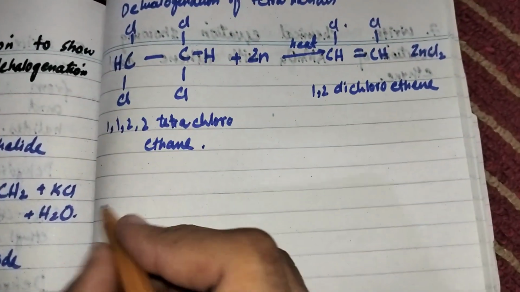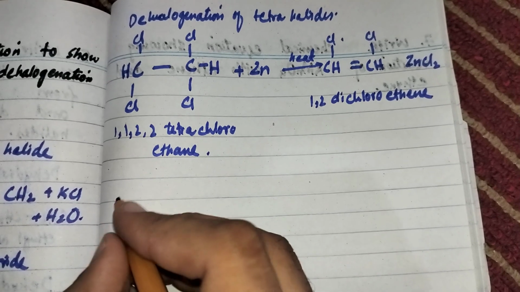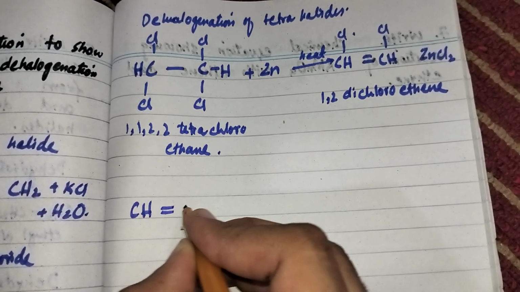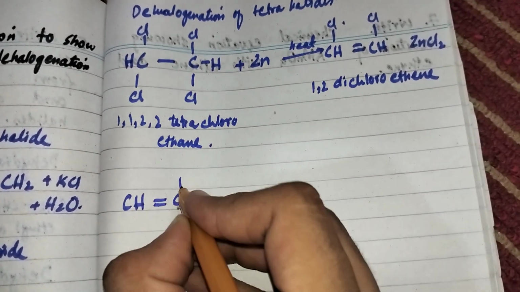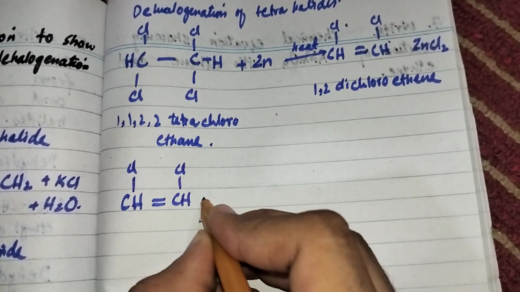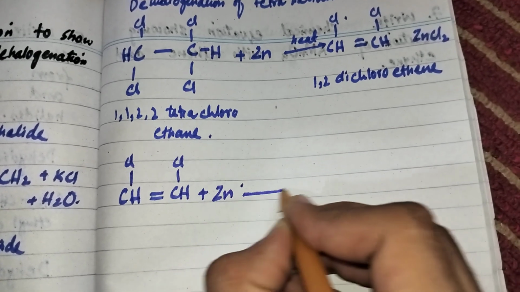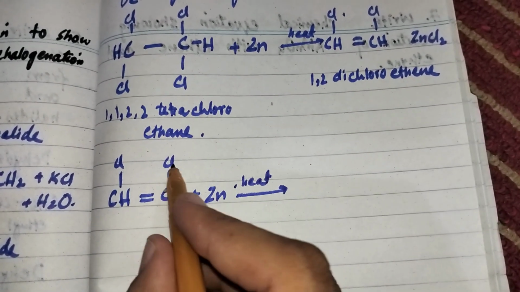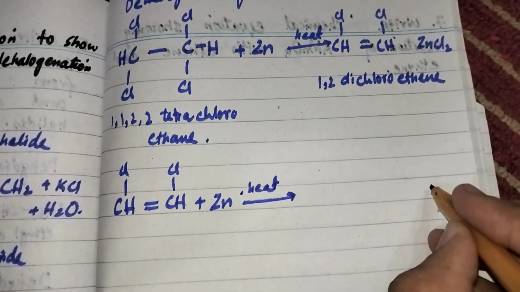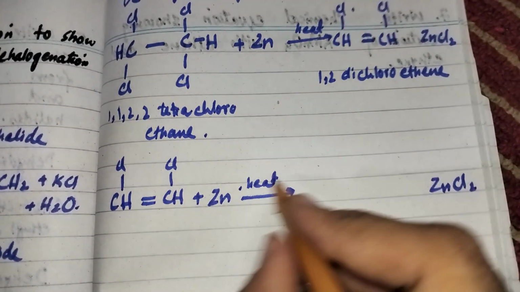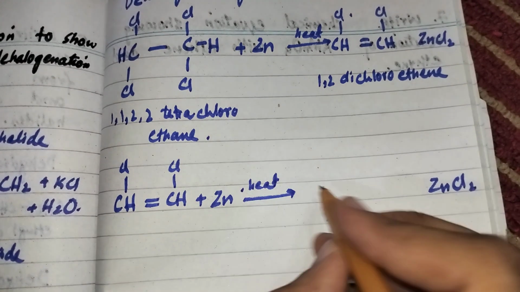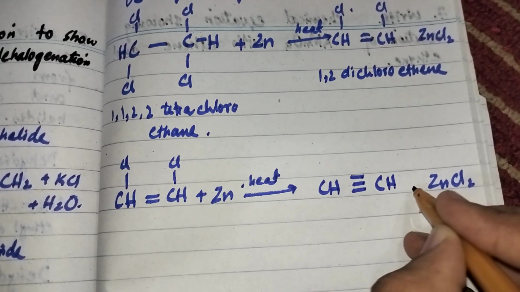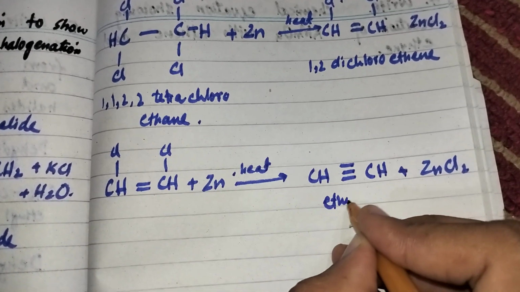Now this 1,2 dichloroethene, CHCl double bond CHCl, is again reacted with Zn in the presence of heat. Then Zn reacts with these 2 chlorine atoms, forming ZnCl2, and the double bond is converted into a triple bond. So it is now CH triple bond CH. It is now converted into ethine.